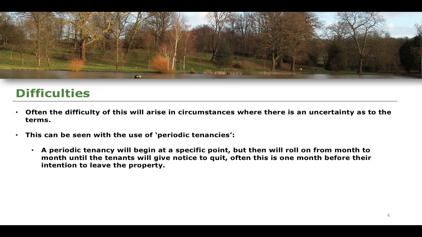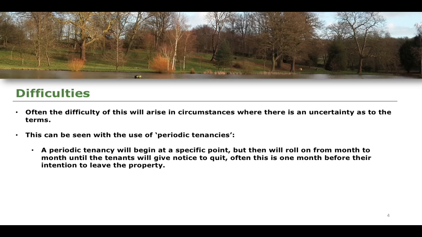What this essentially means, therefore, is that there will be a specific start point, and then it will just continue to roll 1 month after the other. The continuation of the tenancy will carry on from 1 month to the next, or it could go for a bit longer than that. It could go for every 3 months or every 6 months. But then the point is that you give notice to quit at a previous period before the end at which you want to actually leave.